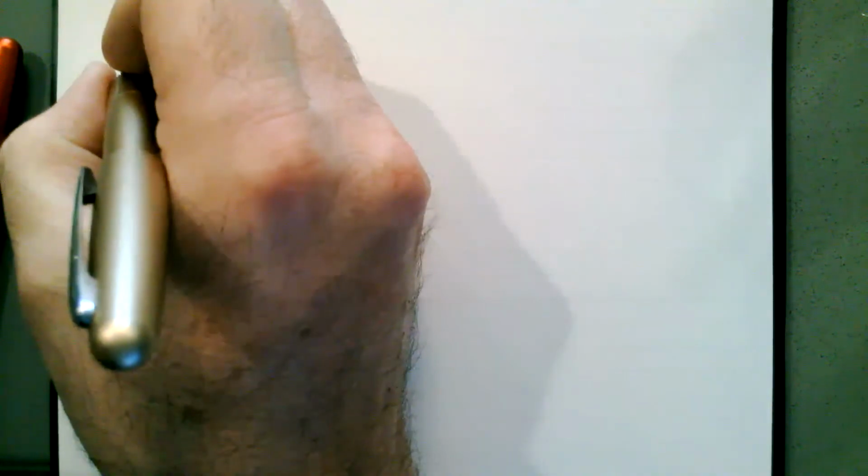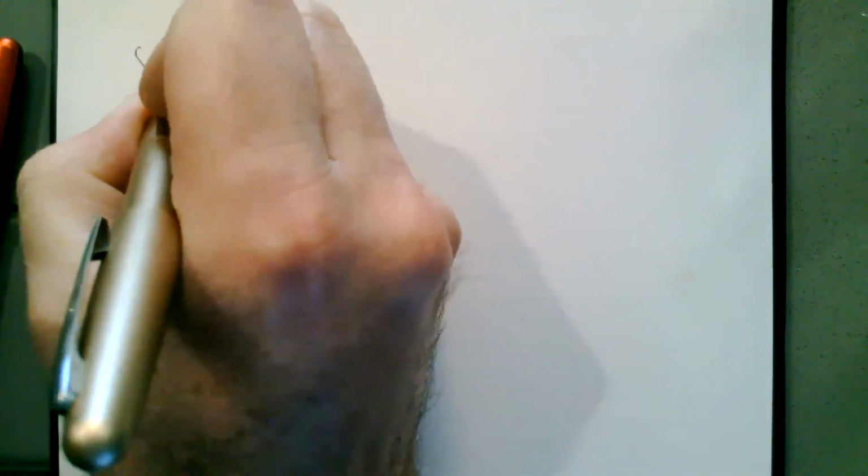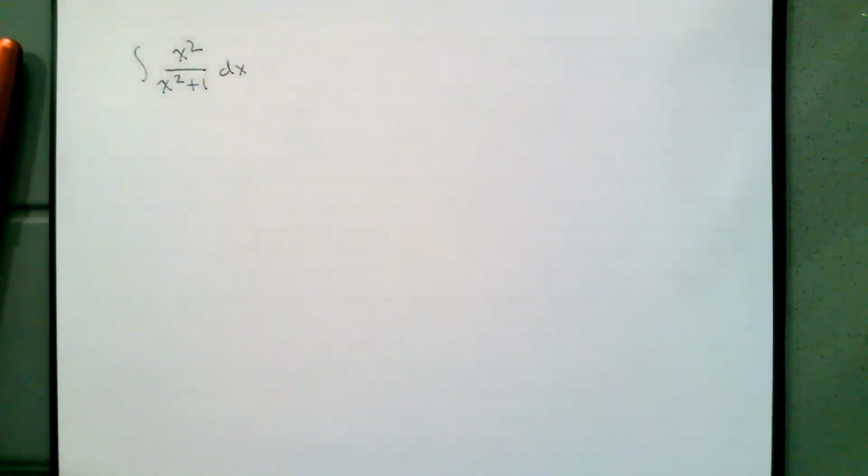So what we're going to do is we're going to rewrite. So we're trying to integrate x squared over x squared plus 1 dx.